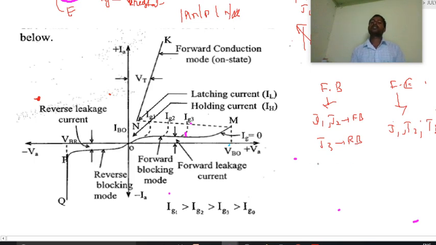Now the next one is the reverse blocking mode. Look at this one, this will be the diagram. This is the SCR and this is the supply given.